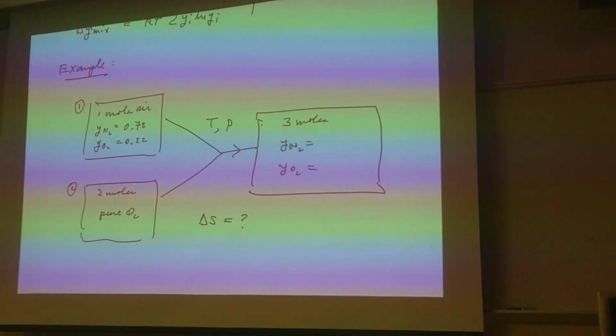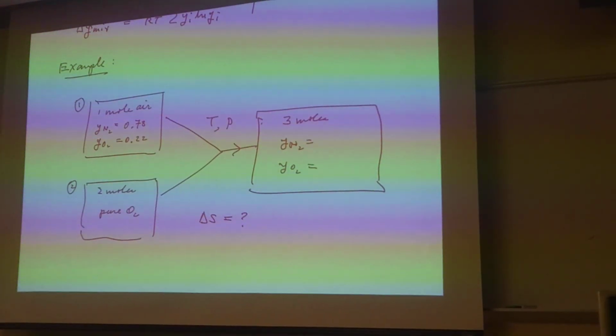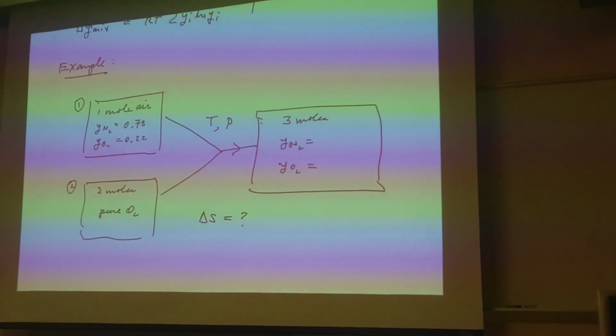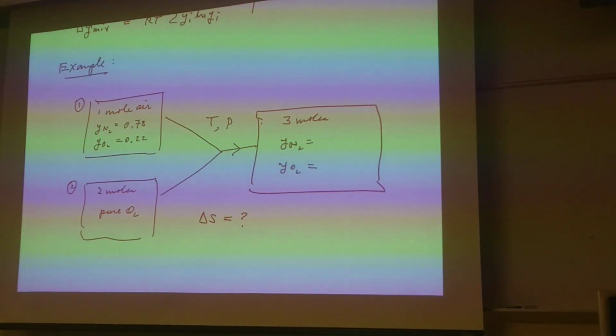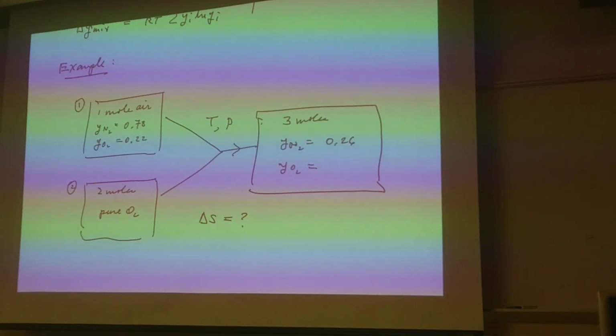And the first thing I need to do is to use the material balance to solve for what these final mole fractions are. And if I do that, anybody got any problem with that? Do I need to work it out, or can I just write down what that is? The mole fraction of nitrogen turns out to be 0.26, and for oxygen turns out to be 0.74.